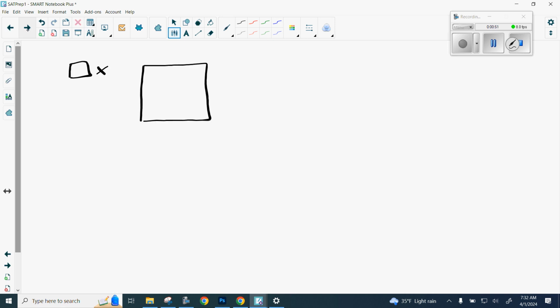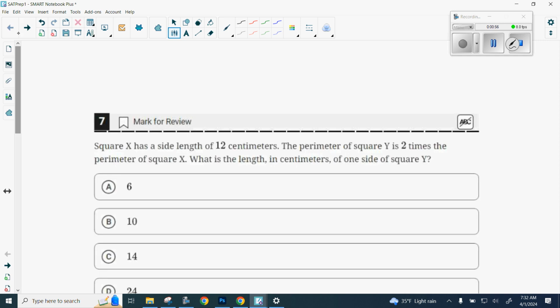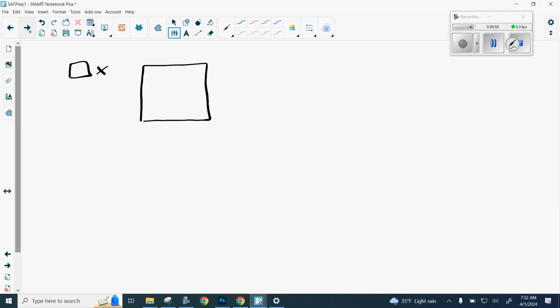Okay? So this is our perimeter, right? It says our side length is 12. So that's 12, which means that's 12, which means that's 12, which means that's 12, right? So our perimeter is 48.